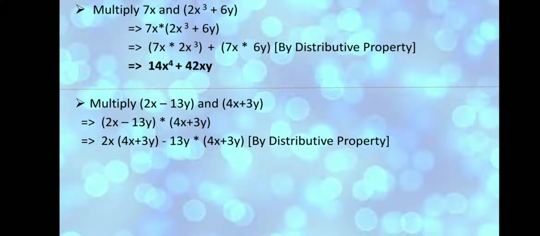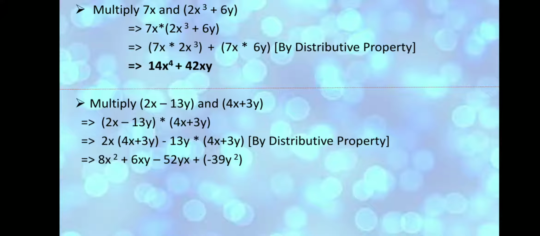So you will multiply 2x into 4x and 2x into 3y, and then minus 13y into 4x and minus 13y into 3y.